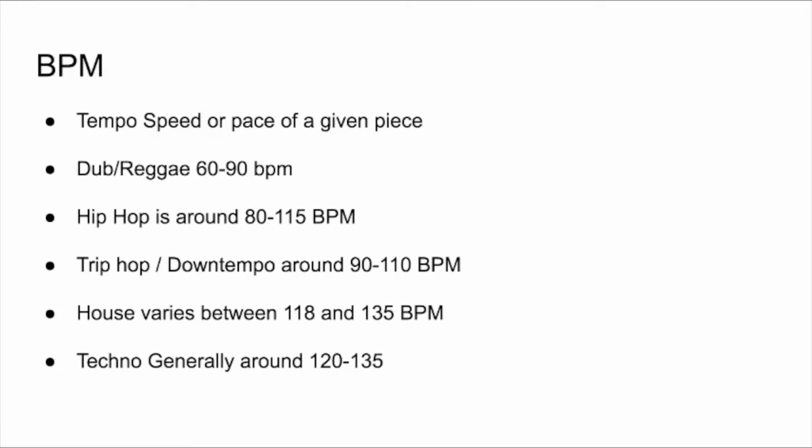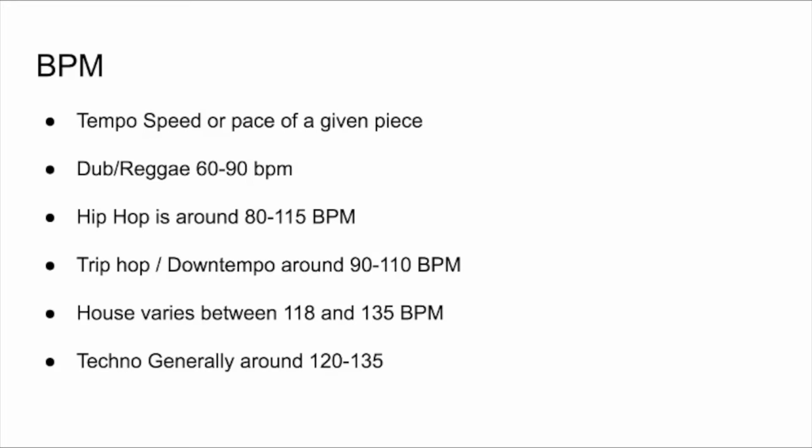So here you have dub and reggae within 60 and 90 BPM. I know off the top of my head that trap also falls within this. Reggaeton also falls into this particular BPM. Sometimes it goes a little higher, 95, 97, but usually stays within here.